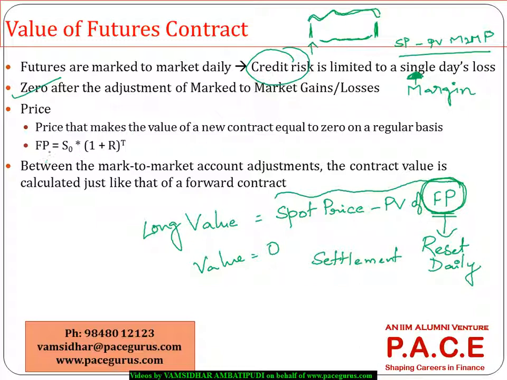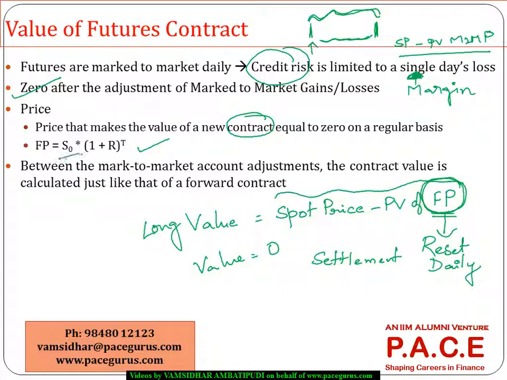Anytime you are getting into the pricing, we are looking at the new contract that is created after the settlement of the mark-to-market gains or losses, and based on the new mark-to-market price we set the futures price.